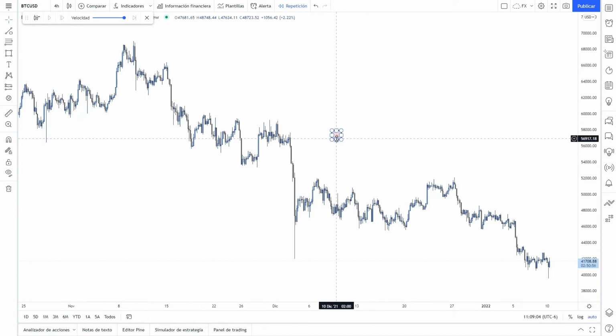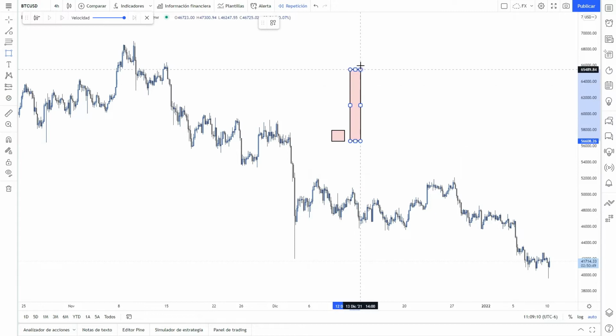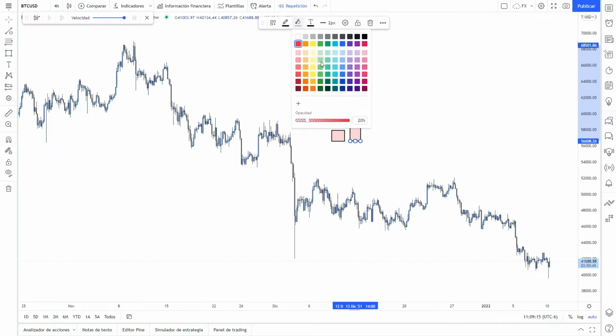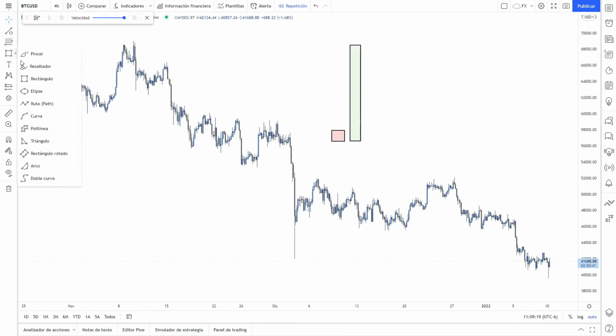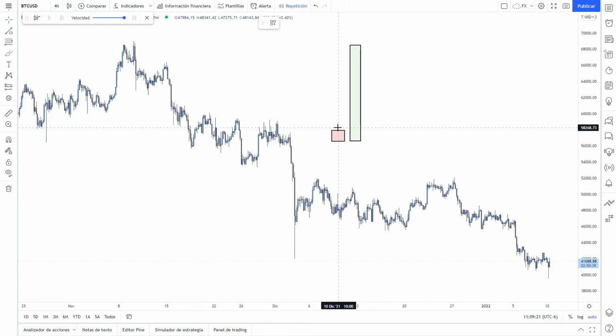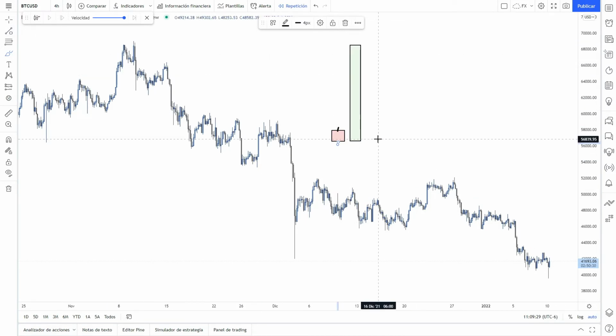So let's say this is our base candle, and then we have the explosive move to the upside. This is our green candle. Try to follow me on this one. And then it has its wicks. So we know this is a strong movement to the upside, and that someone very important bought here around this level.